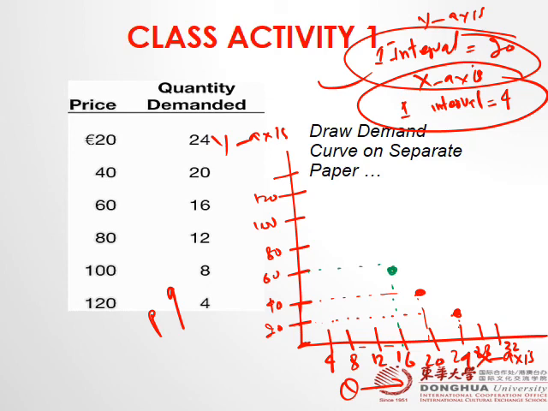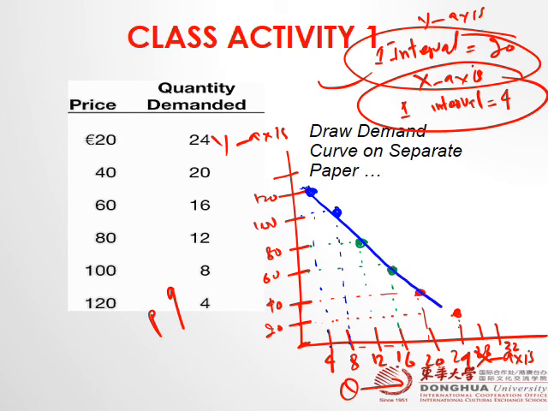And the price is 80, 12 is our quantity demanded, 12 on 80, right? Like this. And when the price is 100, 8 is the quantity demanded. So this is the 8 at 100. When the price is 120, only 4 is demanded. So 4 goes at 120 here.